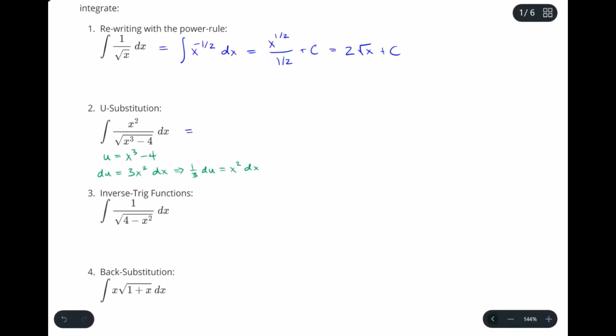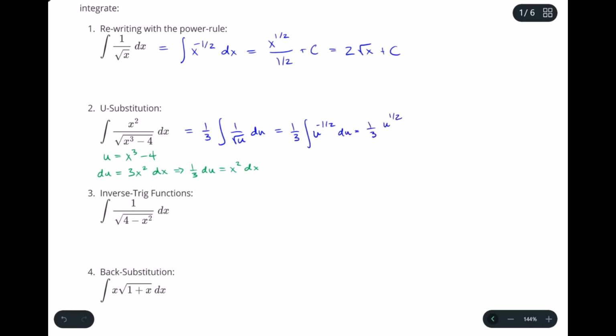So this could be rewritten as 1/3 times the integral. So x squared dx gets replaced with du, and then this becomes 1 over the square root of u. And now we essentially have the same problem as before. We'll change this into 1/3 times the integral of u to the negative 1/2 power. And when we integrate, it will still look the same as the previous example.